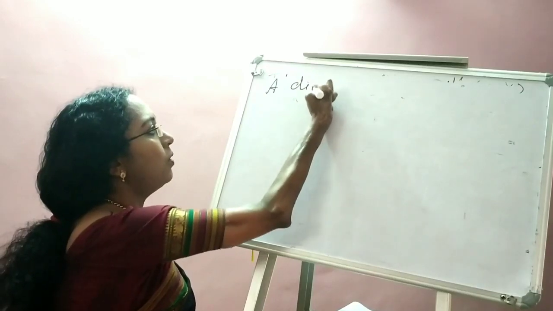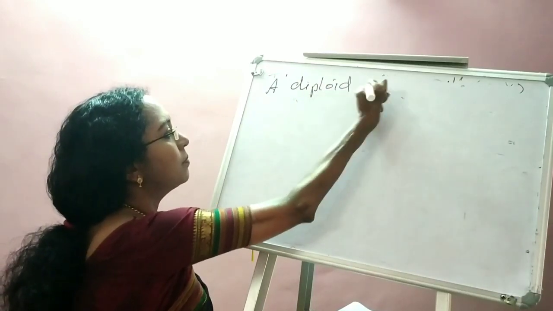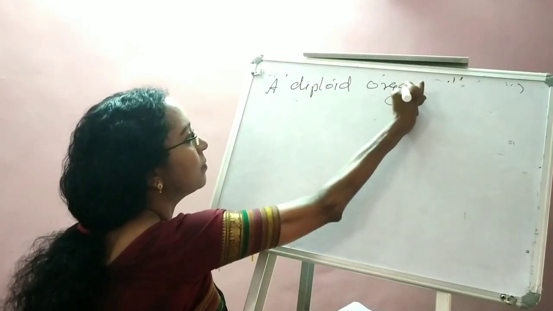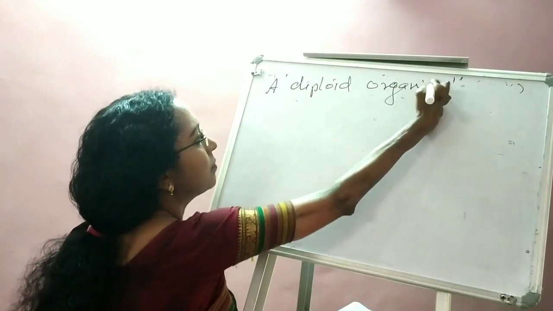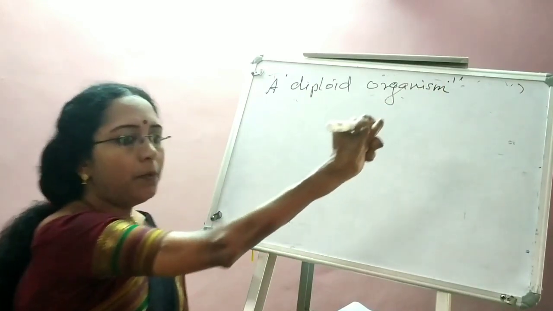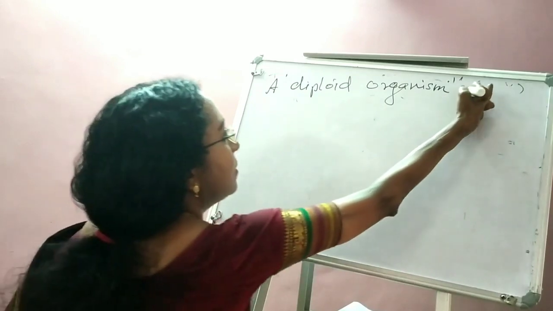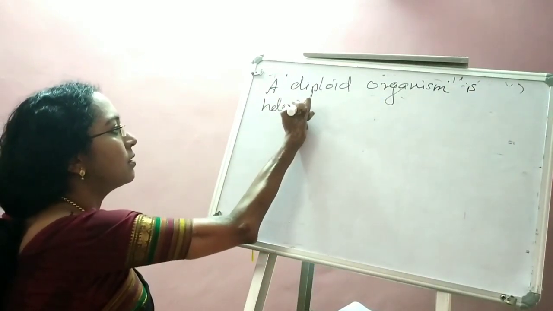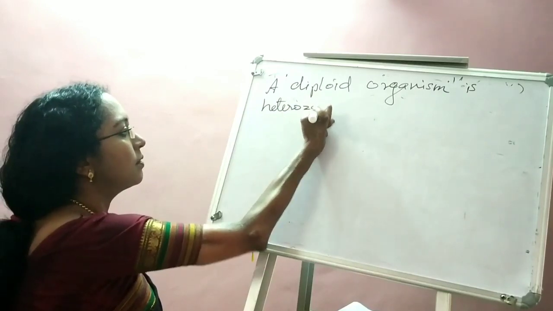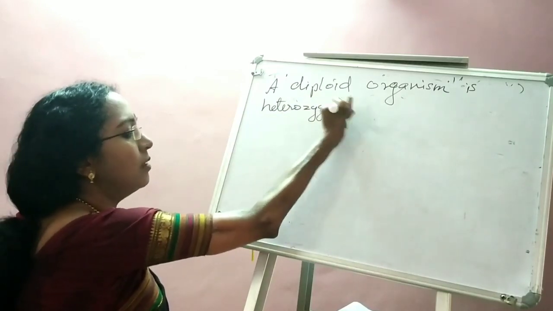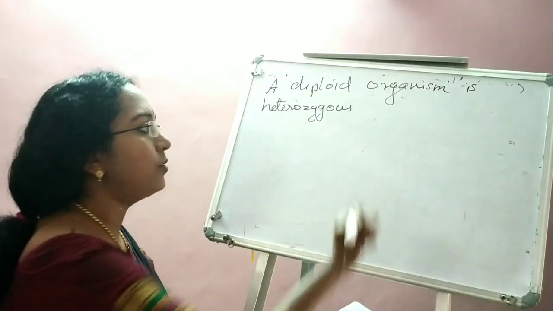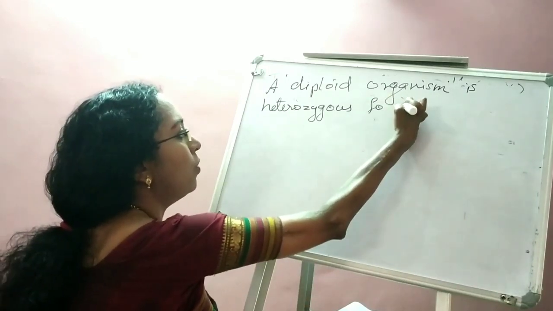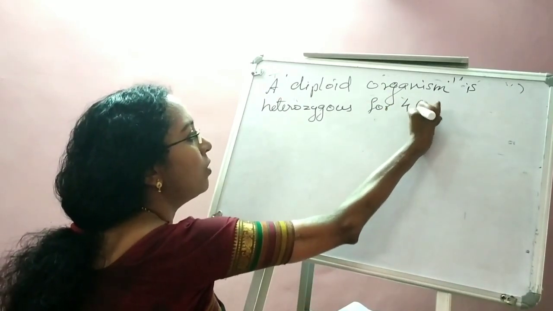A diploid organism is heterozygous for 4 loci.